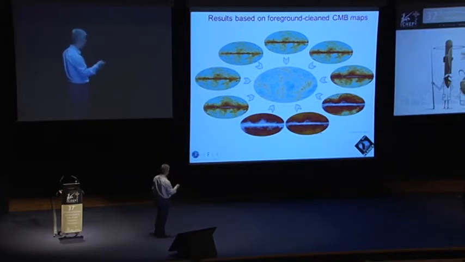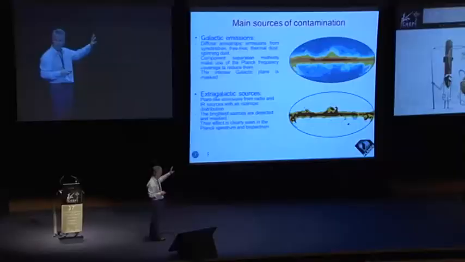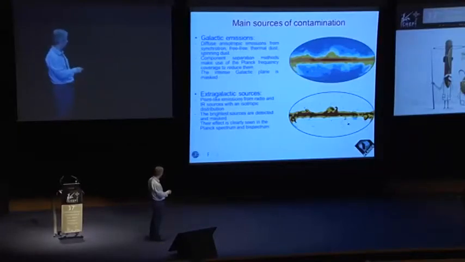So there are 4 ways of doing this, based on different mathematics, and they all deal with galactic emissions and extragalactic point sources, which are described here. And normally, the galactic plane is masked together with all these point sources.